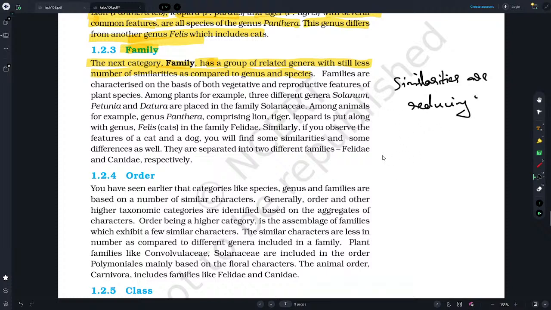So we can say that as the category goes higher, meaning we can take order, class, family, kingdom, the higher the category, the lower the similarities.